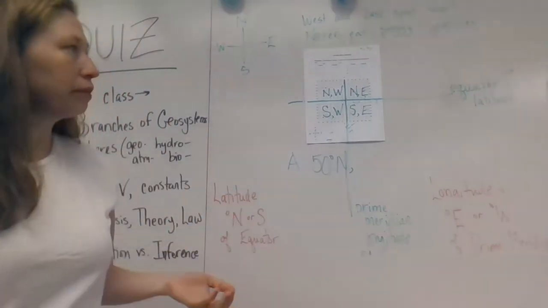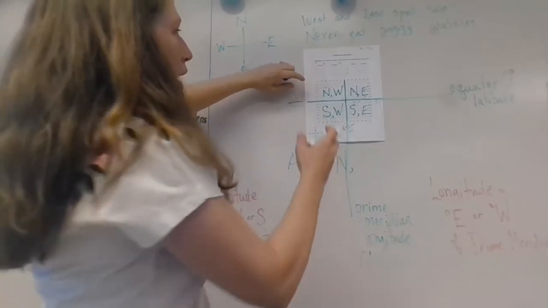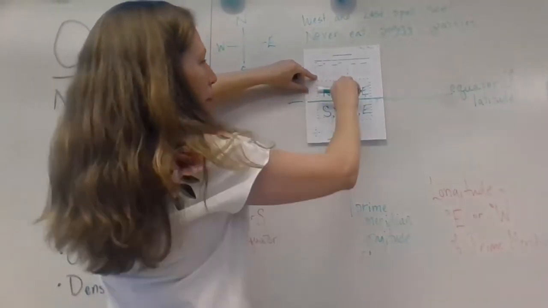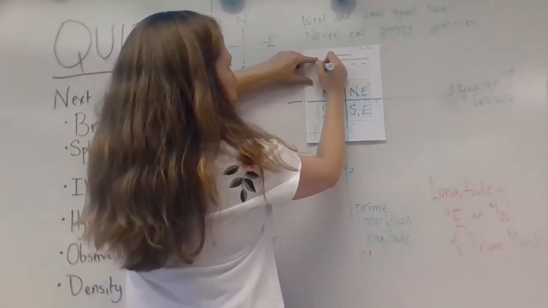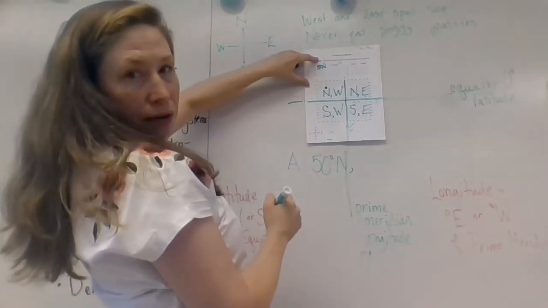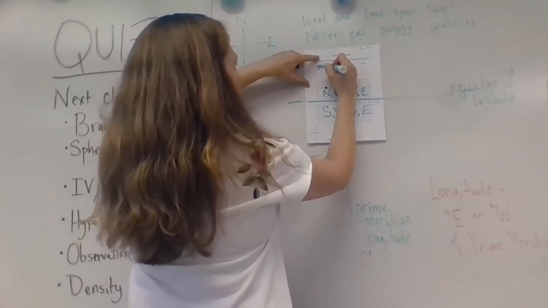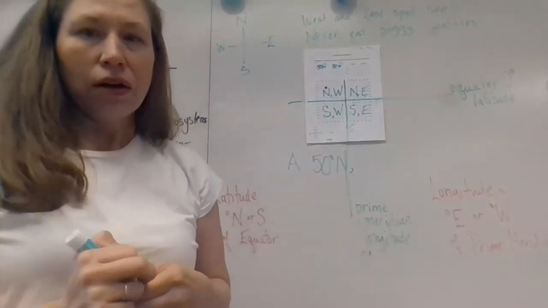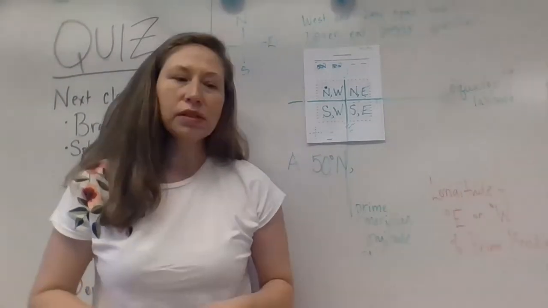So the only thing you have to do after that is start looking at the actual degrees when you're putting them in. So point A is right there, and point A is 50 degrees north of the equator, and it also happens to be 50 degrees west of the prime meridian. So that's how you would be reporting the latitude and longitude for those different points.